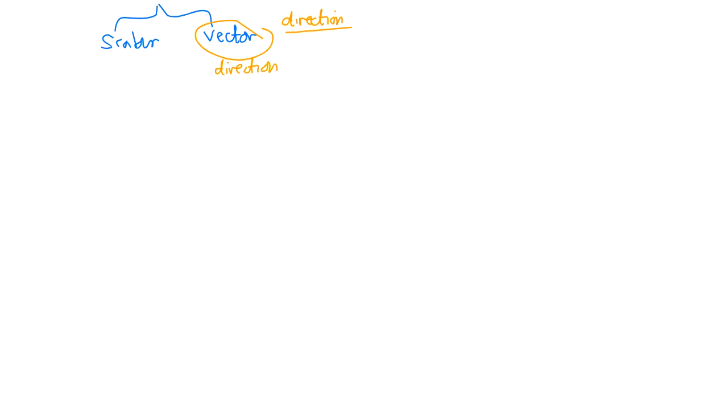So if we want to talk about vectors, we need to determine its direction. The scalar does not have direction. For example, if we're talking about time, there's nothing called direction for time. What I mean is, we cannot imagine talking about 2 seconds east, 2 seconds west, or 2 seconds up or 2 seconds down.